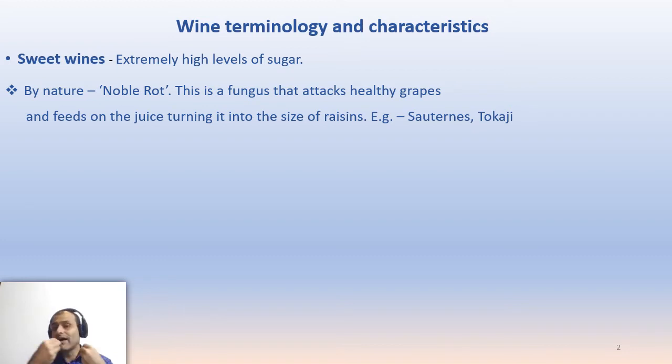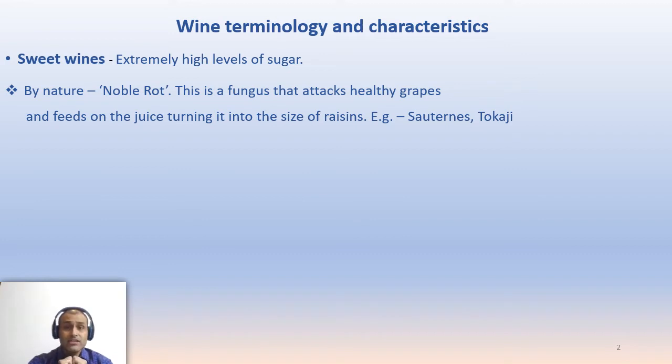As the moisture evaporates, the grape shrinks in size and concentrates its sugar level, its acidity level, and its flavors. So basically, a grape becomes almost the size of a raisin, with extremely high levels of sugar and extremely high levels of acidity. And as the grape shrinks, the flavor profile concentrates and everything becomes so much more concentrated.